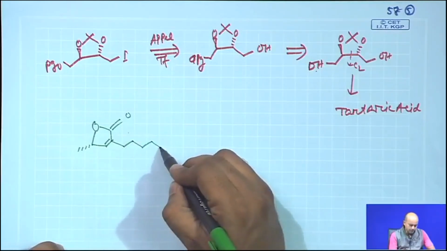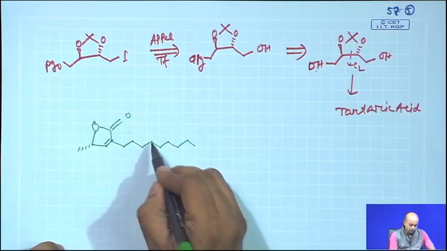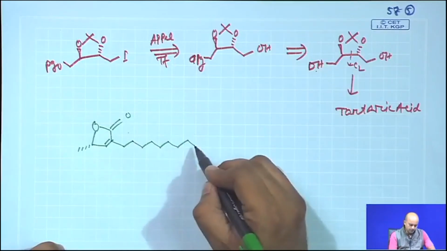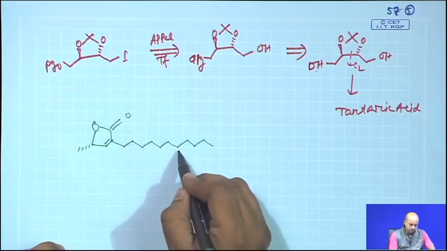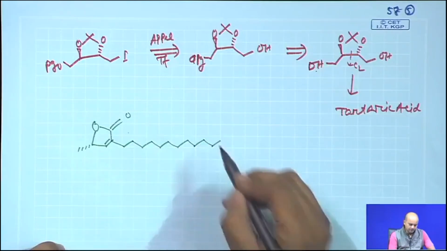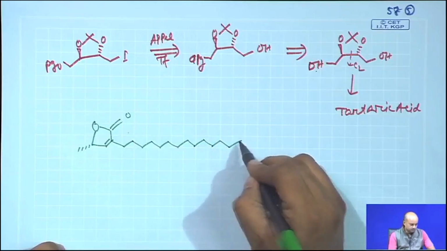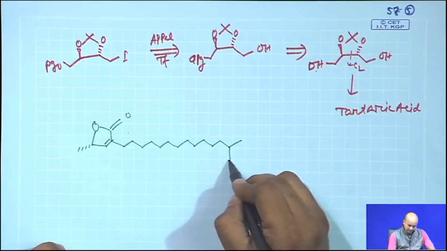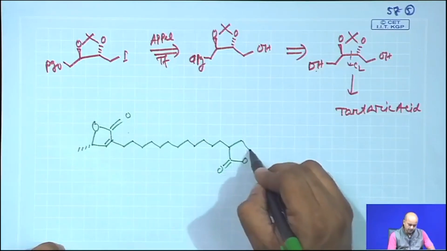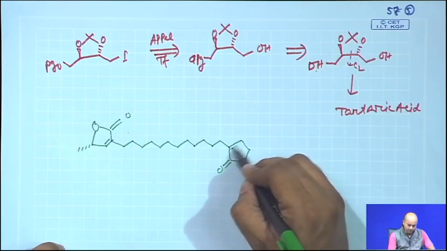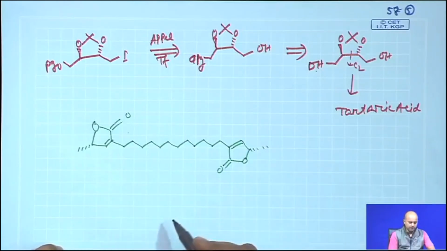There are 12 methylene in between: 1, 2, 3, 4, 5, 6, 7, 8. So, this compound is basically a kind of dimer where two homochiral halves are joined.